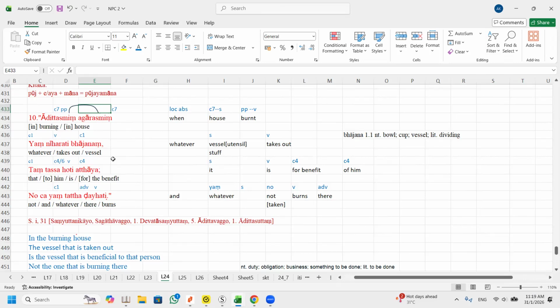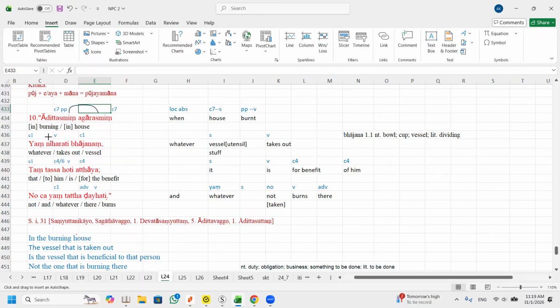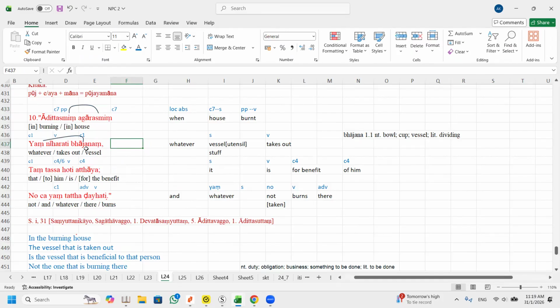Can you see here? Can you see in this case, this and this must agree as a subject now. Now, we look at the word bhajanam.